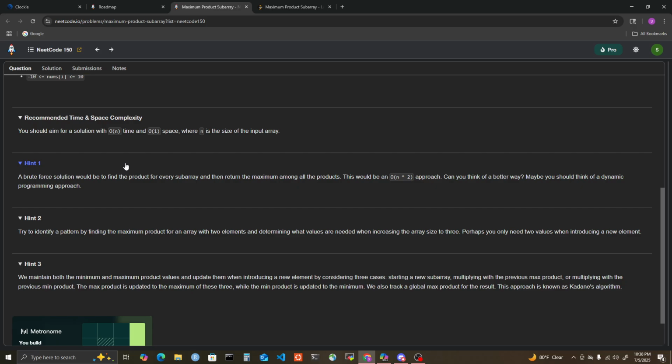What? Whoa. Hold up. Min-max. I'm getting a little confused by this. We maintain both a minimum and a maximum product value and update them as we introduce a new element.